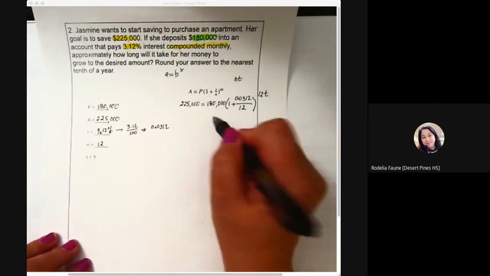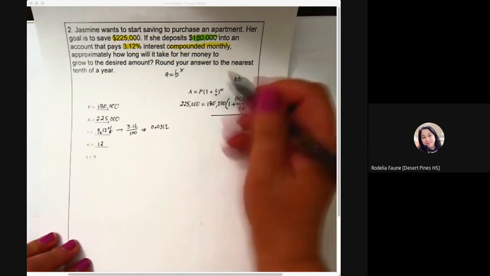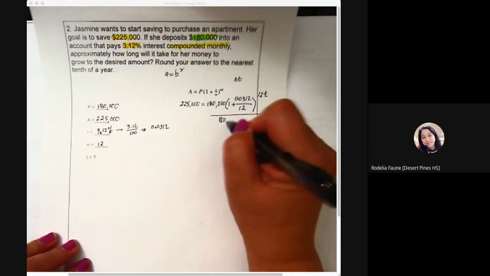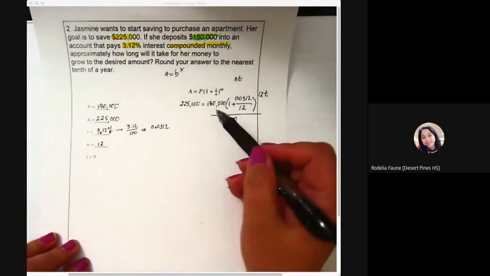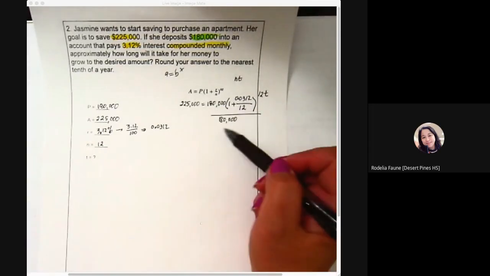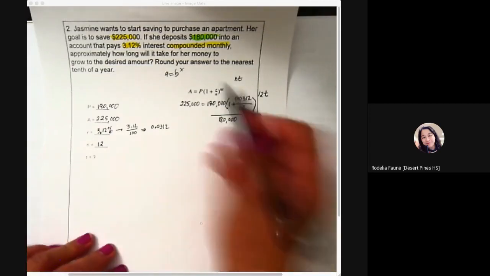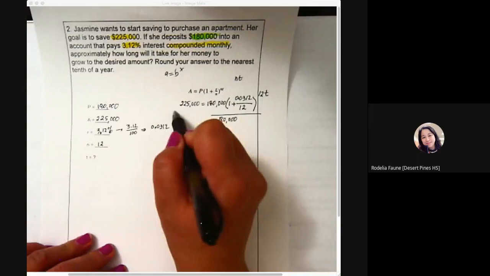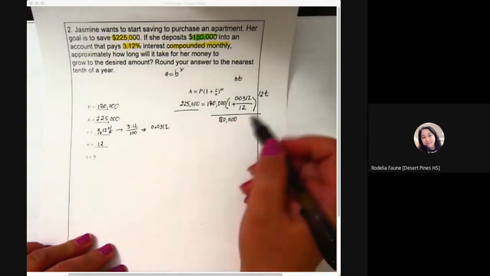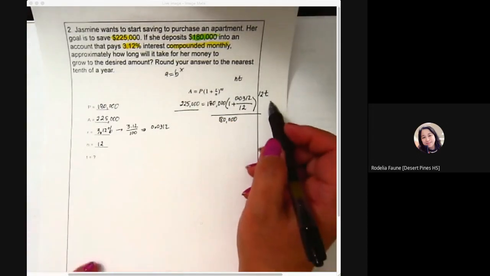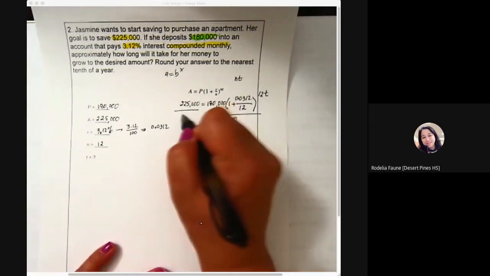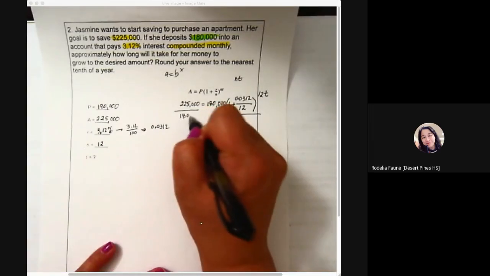In order to do that, we have to divide this by 180,000, because 180,000 divided by 180,000 is 1. And to keep it balanced, whatever we did here, we must also do on the other side, or else the value of the equation will change. So this is 180,000 as well.